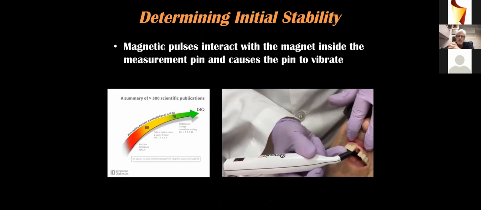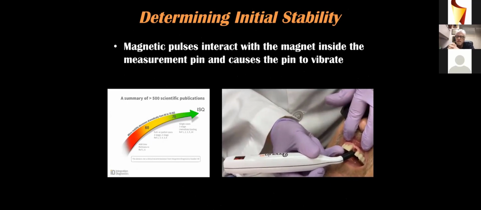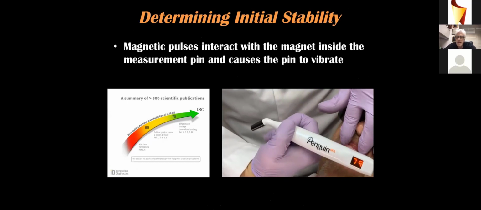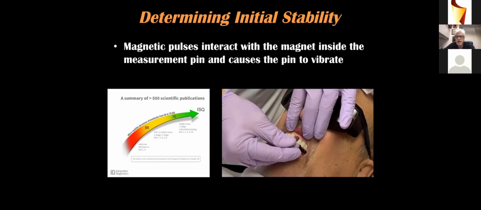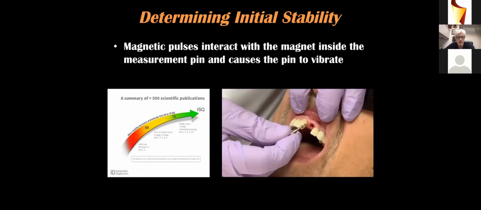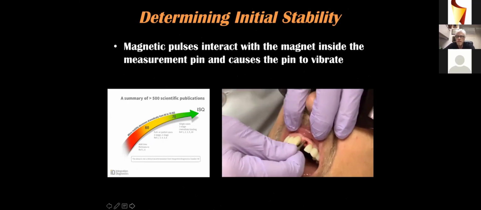If we get anything over 70, this implant is fully integrated, and I will feel very, very comfortable going ahead and placing my implant. So it's called a Penguin, or you can use a torque wrench to torque test it. We always torque test our implants prior to making our impression.